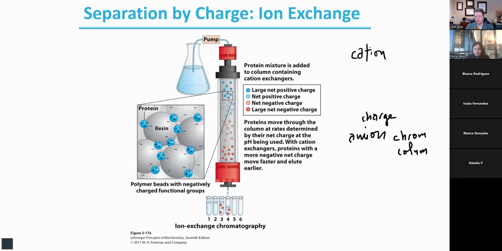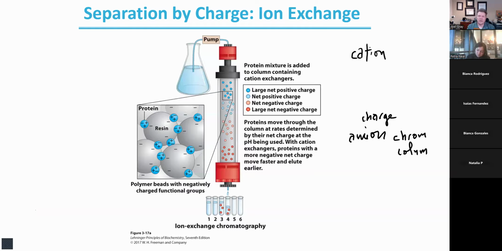Because if you remember when you do chromatography in organic, it's just like, well, the more polar substance is going to take longer. The less polar substance is going to take longer. In here, if you have a negatively charged protein bound to a positively charged column, it's going to stay there almost indefinitely.